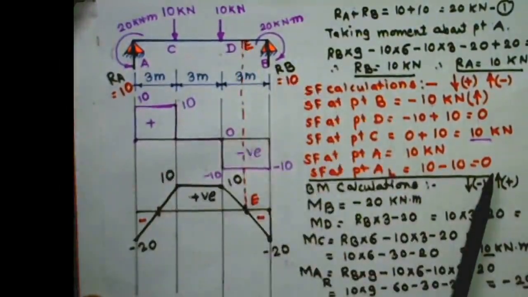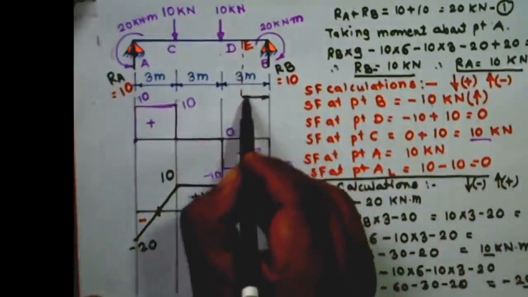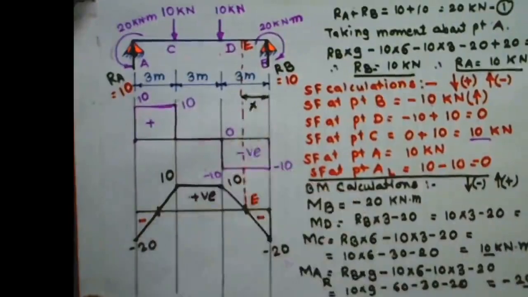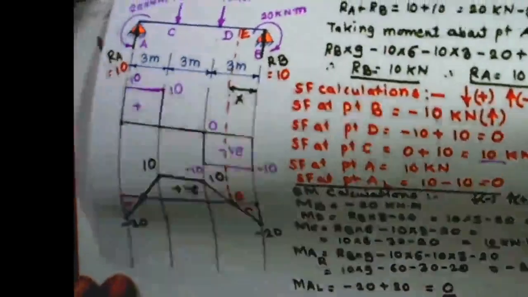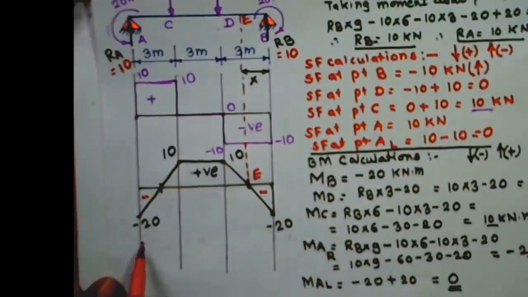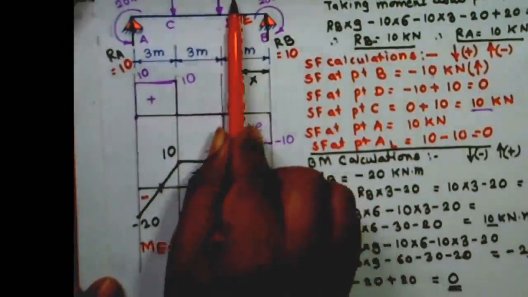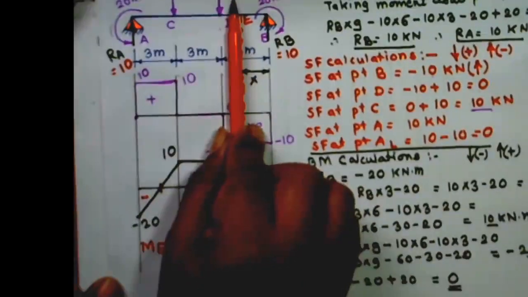Now we have to consider this. I say that this dimension is X. Now we have to calculate this dimension X. To know the position of the point of contraflexure, we have to take moments about point E. So we take a section at point E. On the right hand side, RB and a 20 kilonewton meter moment are acting.